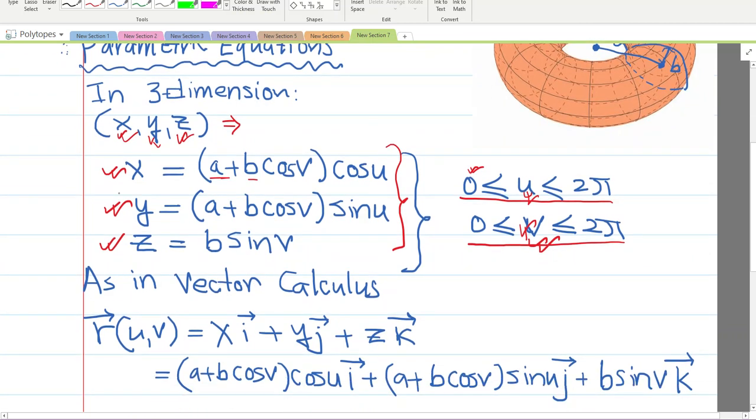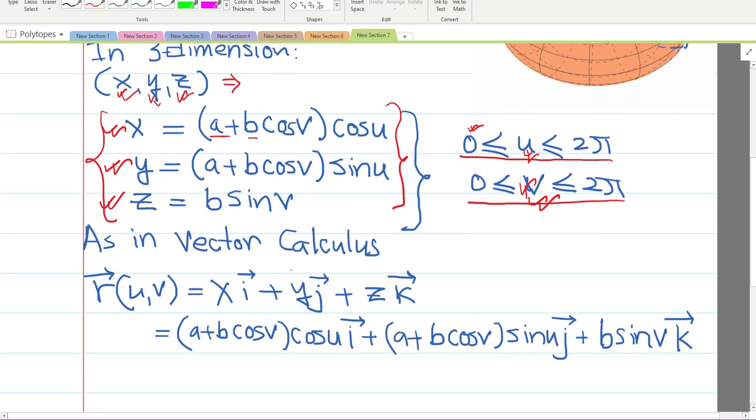So if we rewrite this equation in terms of vector calculus, r is a vector that depends on the parameters U and V: x coordinate times I, and you know what I vector is, vector J and vector K. So these are unit vectors in the direction of three perpendicular axes.